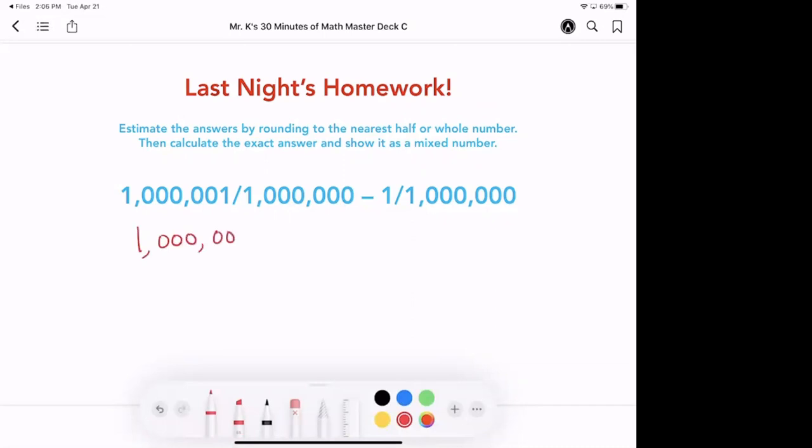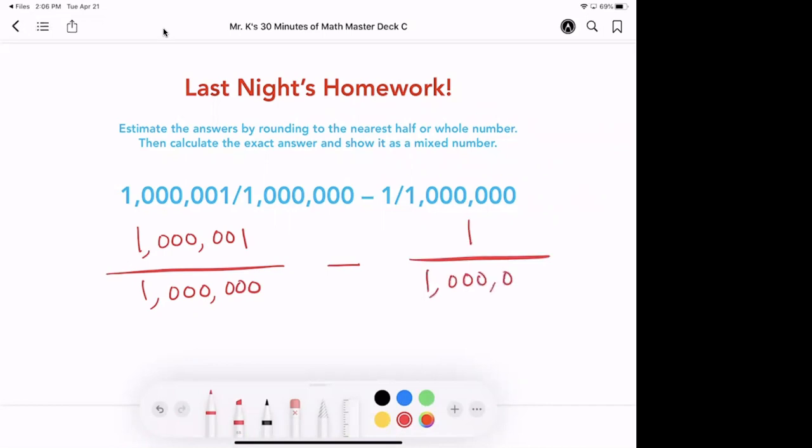It might be a little bit easier to see. 1,000,001 1,000,000ths is really, really close to just plain old 1. And 1/1,000,000th is really, really close to 0. 1 minus 0 equals 1.